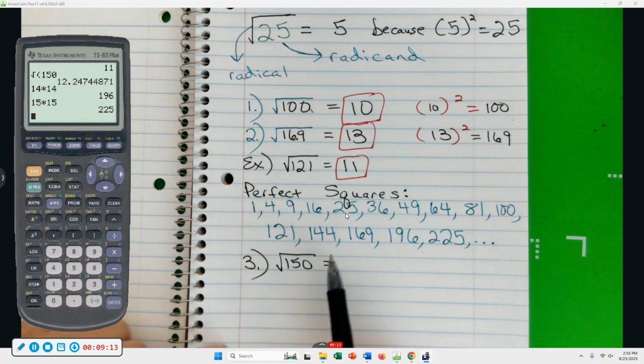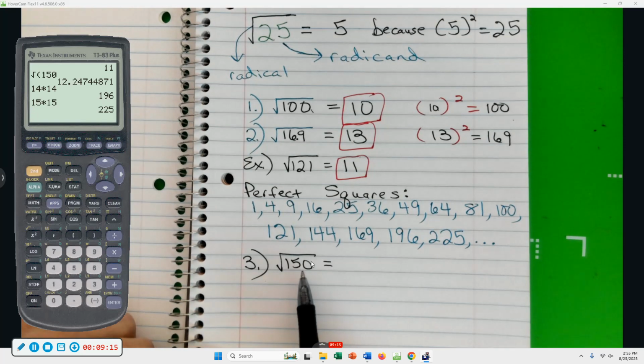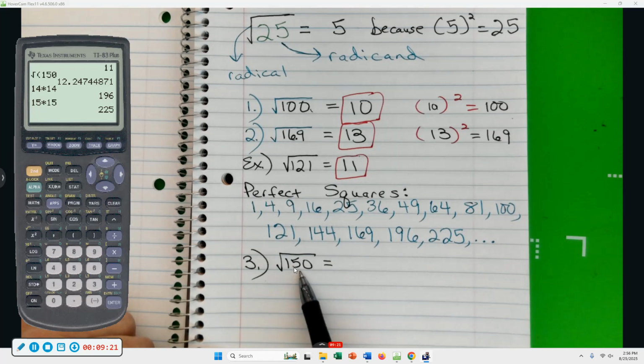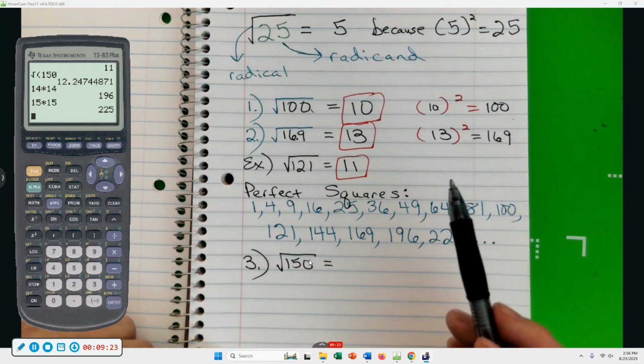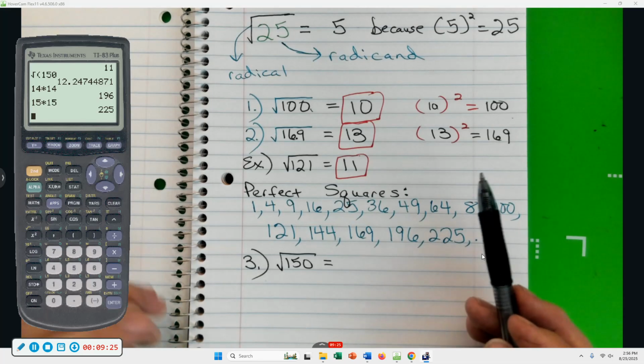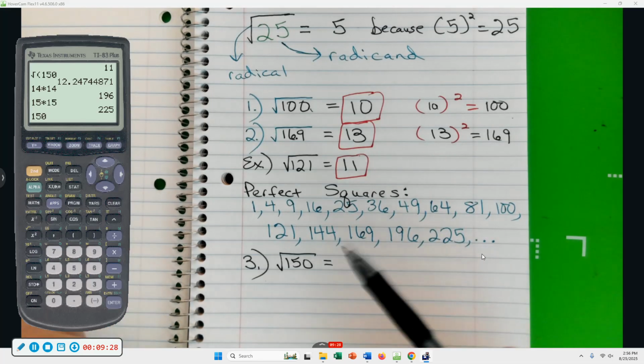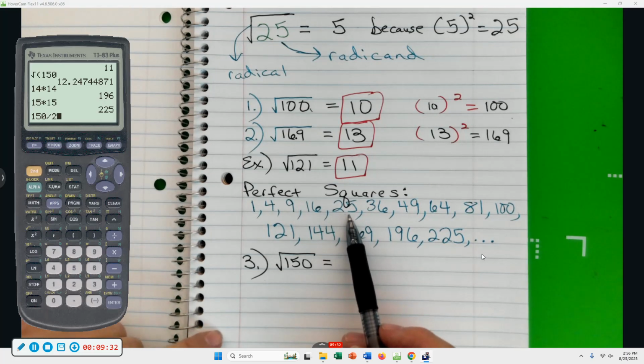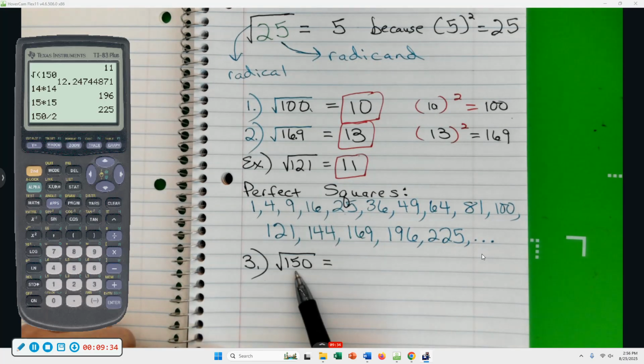So, how did you choose 25? You ask yourself, what's the biggest number up here that divides evenly into 150? By dividing evenly, I mean it goes in without a remainder. And 25 is the biggest number up here that divides evenly into 150.